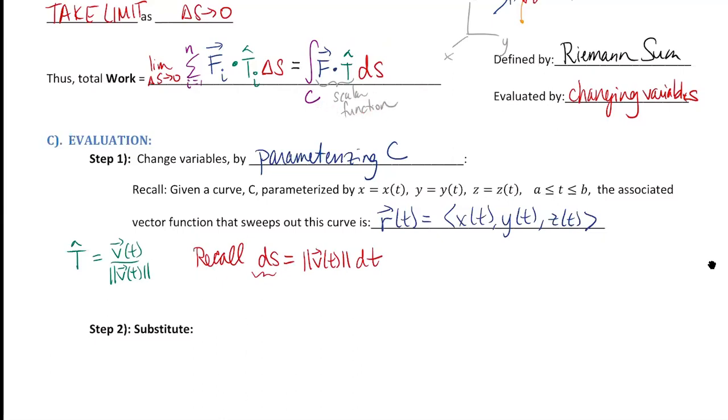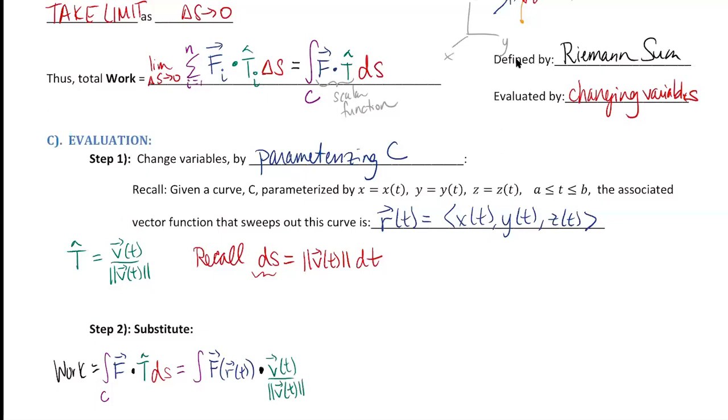So what we'll get is that work is first we're going to rewrite this vector field F. We'll have to substitute in my parameterization. So I'm just going to write that as F of r of t. And then I'm going to replace my unit tangent vector with velocity. So we're going to take the dot product here with the unit tangent vector, which is the velocity divided by the speed.